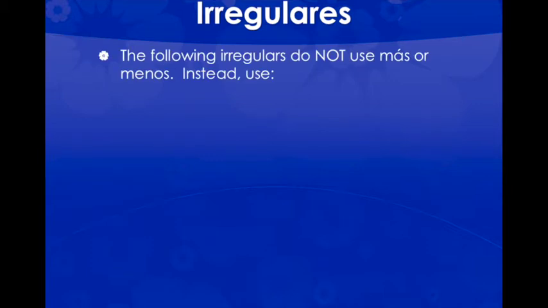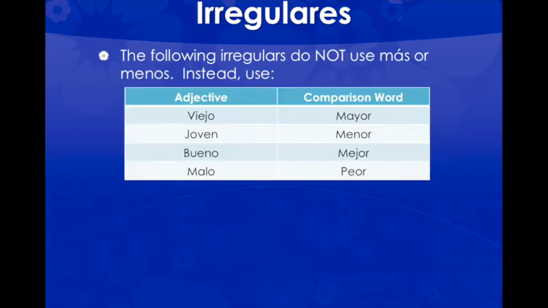There are a few irregulars. There's 4 words that don't use más or menos. Instead, they're going to have a different comparison word. If we want to say somebody is older, we don't say más viejo or more old. We just say mayor. Instead of saying more young as in más joven, we just say menor, which means younger. Think of the word minor.